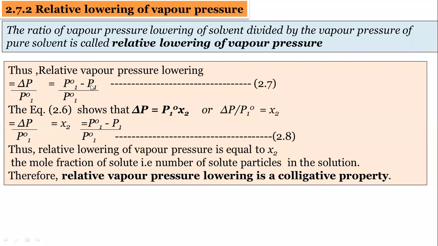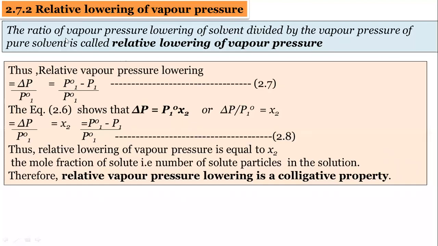So relative lowering of vapor pressure is equal to X2, where X2 is the mole fraction, remember. It is the mole fraction of the solute, that is, the number of solute particles in the solution. So again, relative lowering of vapor pressure is also a colligative property. For the board examination, the question will be asked: why is relative lowering of vapor pressure a colligative property?